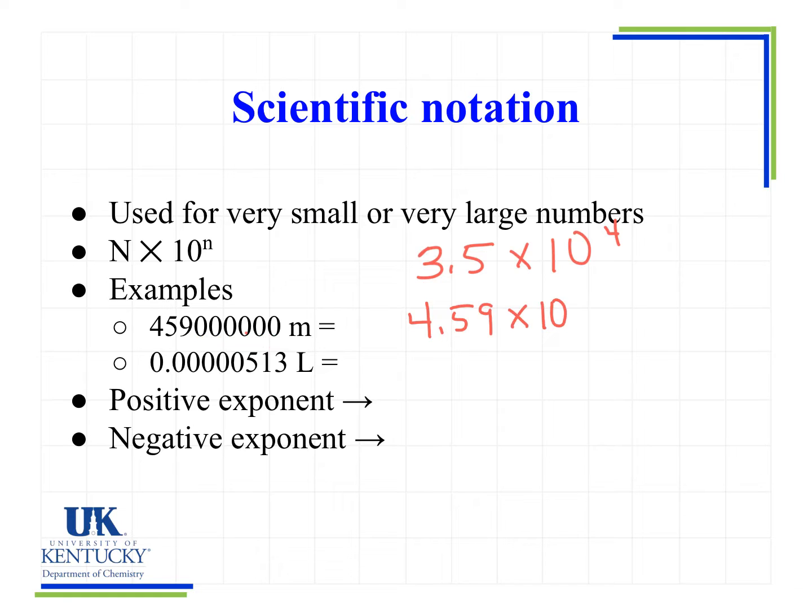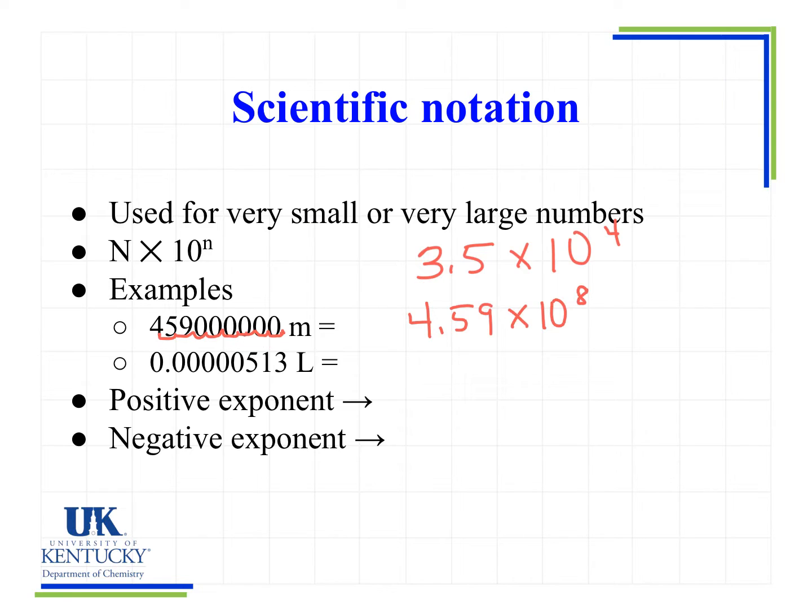So starting here from the right, because there's no decimal point there, so it's implied, I have 1, 2, 3, 4, 5, 6, 7, and 8. So to write this number in scientific notation, I say 4.59 times 10 to the 8th. I move the decimal point to the left, therefore my exponent is positive.